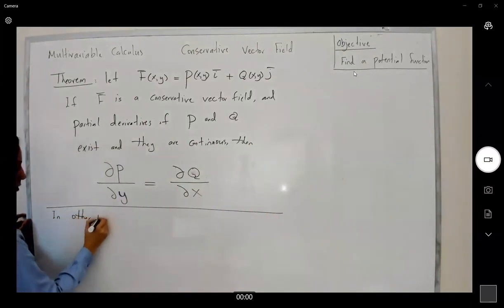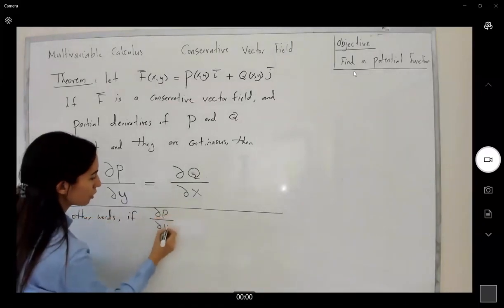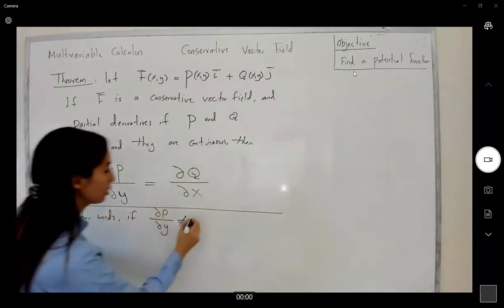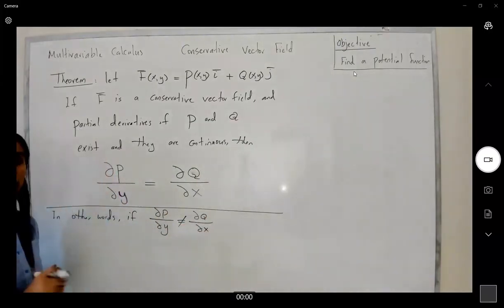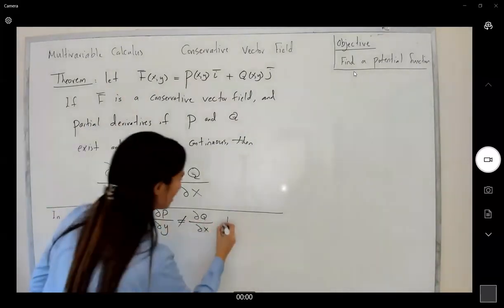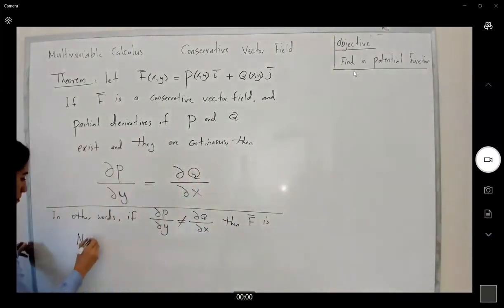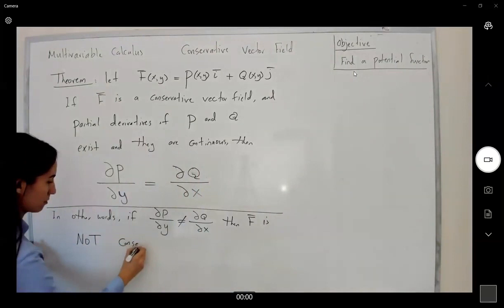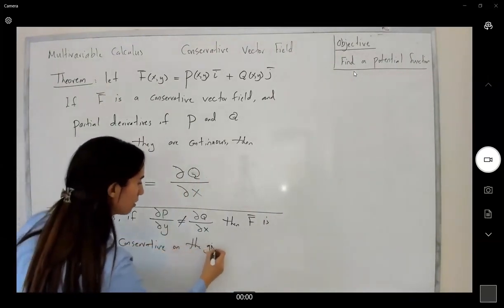In other words, if the partial derivative of P with respect to y is not equal to the partial derivative of Q with respect to x, then for sure you can say that this vector field is not conservative on the given domain.